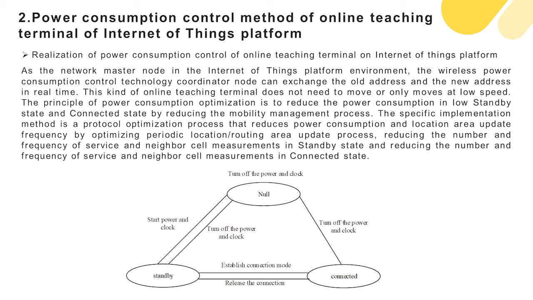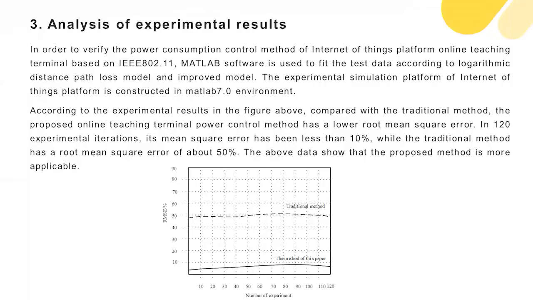The specific implementation method is a process that reduces power consumption and location update frequency by optimizing the parametric location update process, reducing the number and the frequency of serving and neighbor cell measurements in standby state, and reducing the number and the frequency of serving and neighbor cell measurements in connected state.